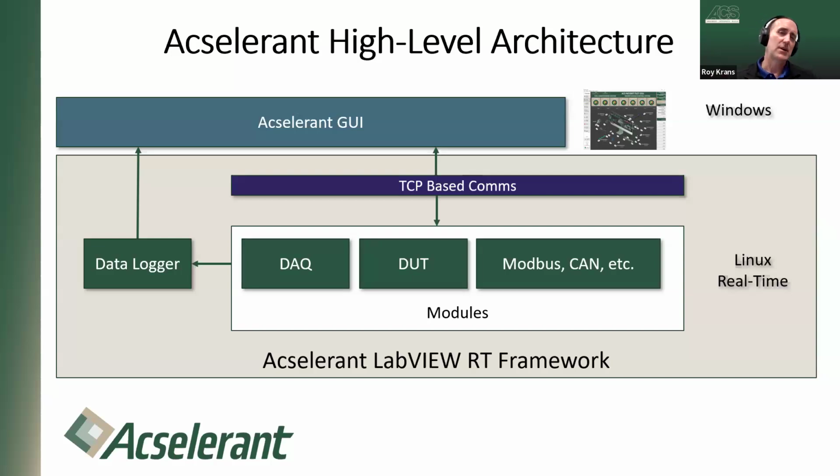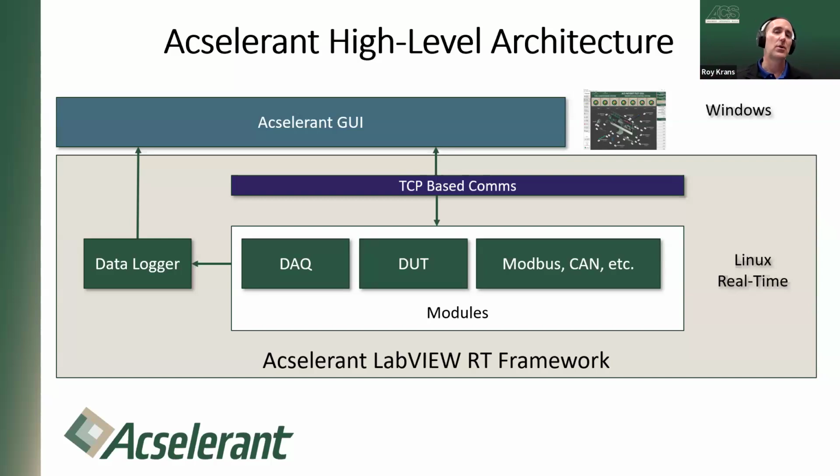On the software architecture, this is a real quick high-level overview. We have a GUI application. Its main job is really just presenting the information, different widgets and graphs and stuff like that. It's purely Windows, and it communicates down to the real-time controller.